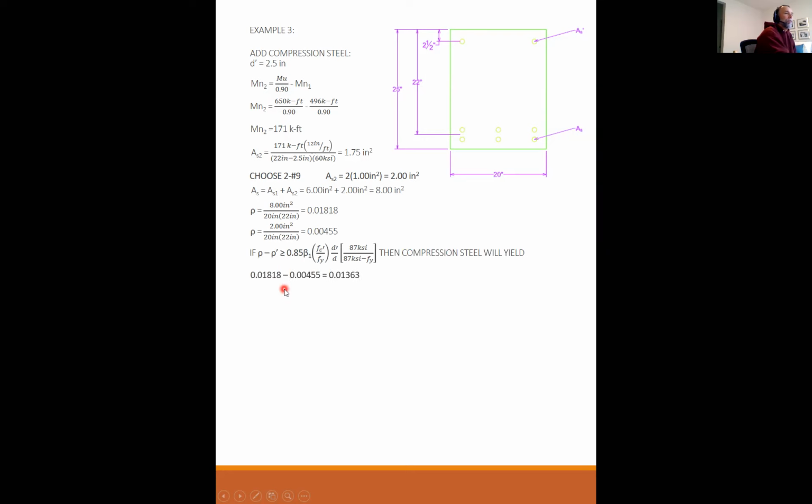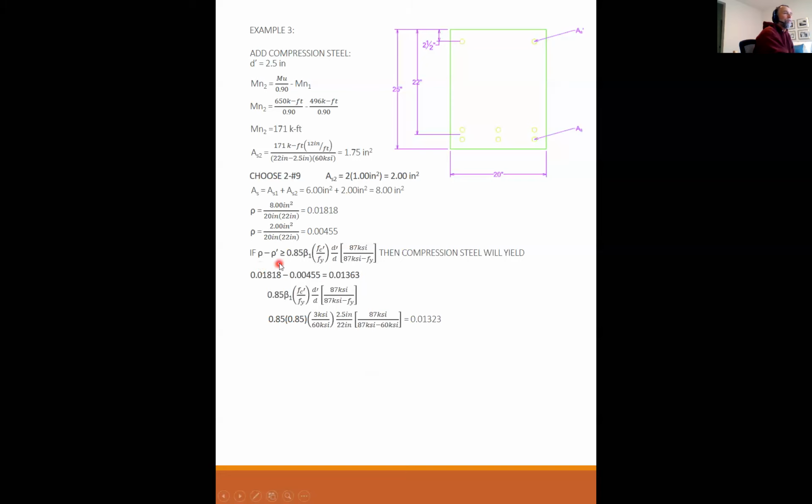So I have 0.01818 minus 0.00455 is 0.01363. For my test, I have to fill in beta 1, f'c, d, d prime, and fy here. That gives me 0.01323.